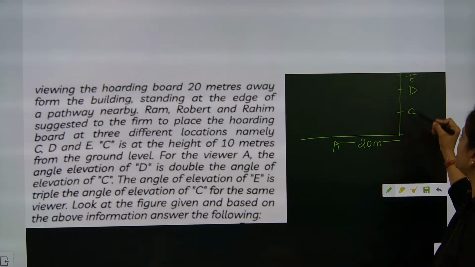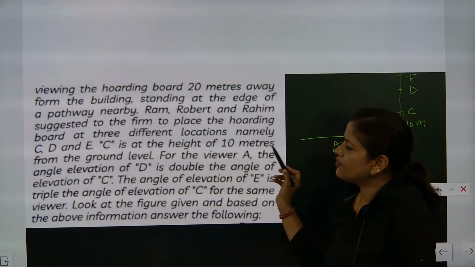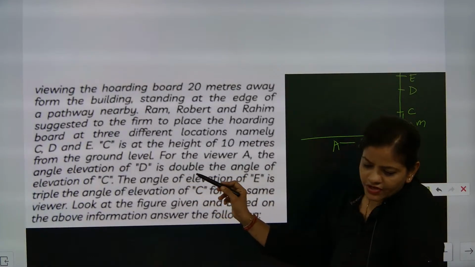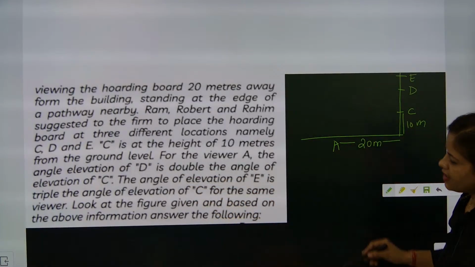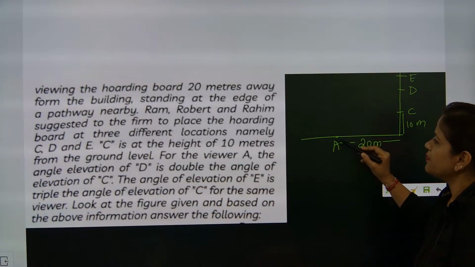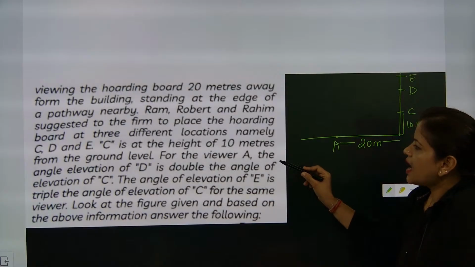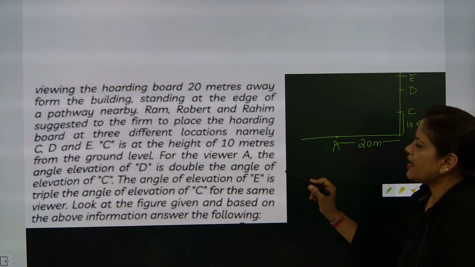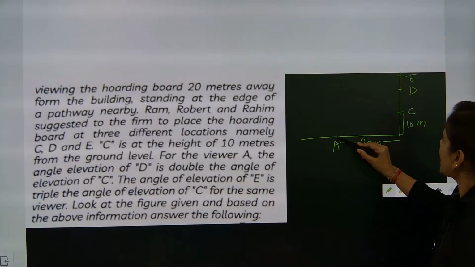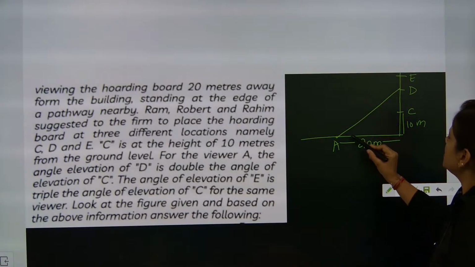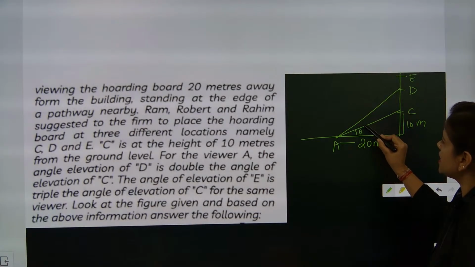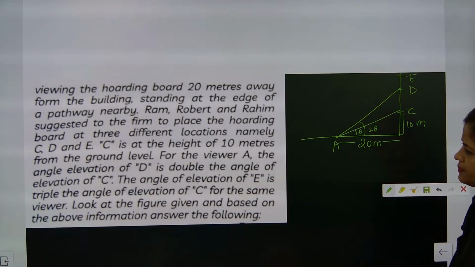B and E. The distance between this is given as 10 meters. At a height of 10 meters from the ground, from the viewer A, the angle of elevation of C is theta. The angle of elevation of D is double the angle of elevation of C, so if this is theta, this will become 2 theta.